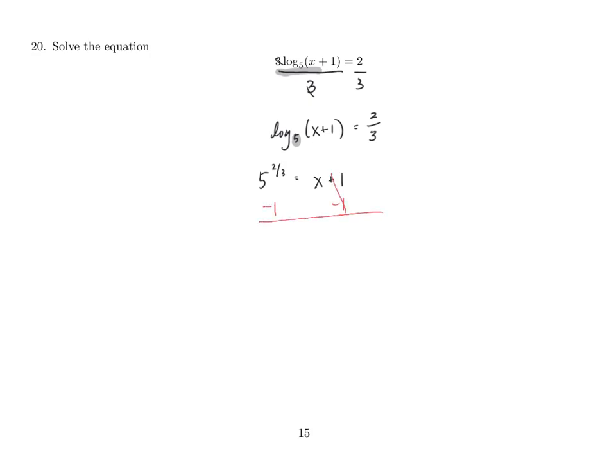And so x equals 5 to the 2/3 minus 1. Now, 5 to the 2/3 power, that's not going to work out evenly. So you can just leave it like that. That would be fine. That's an exact answer.